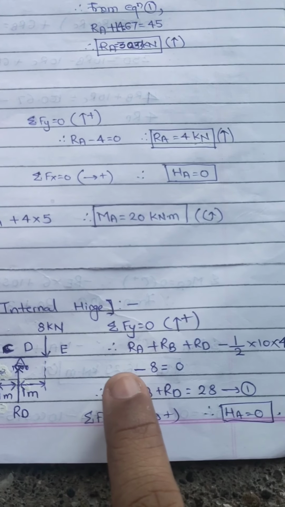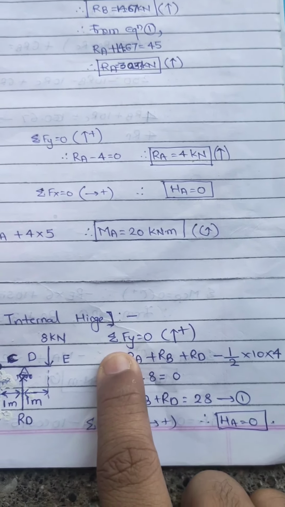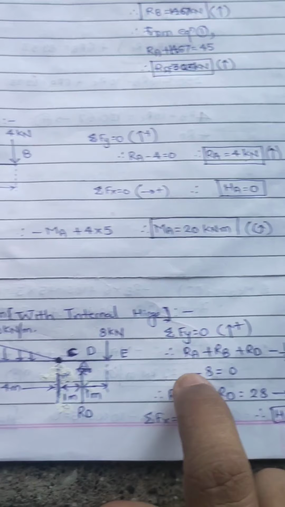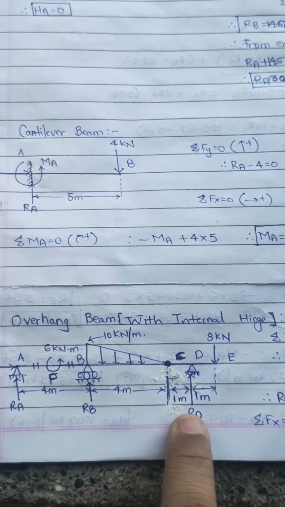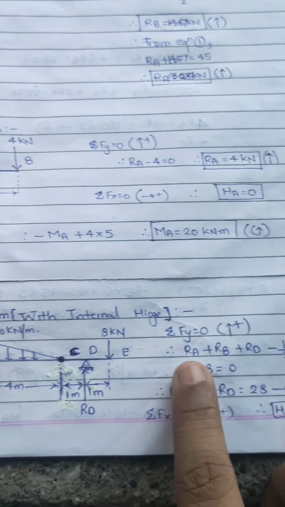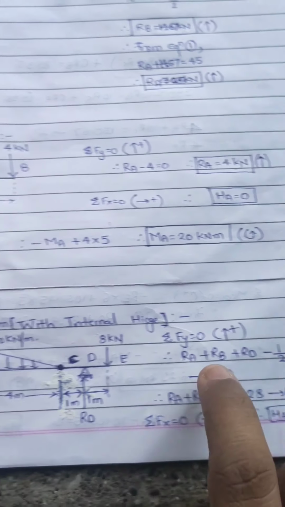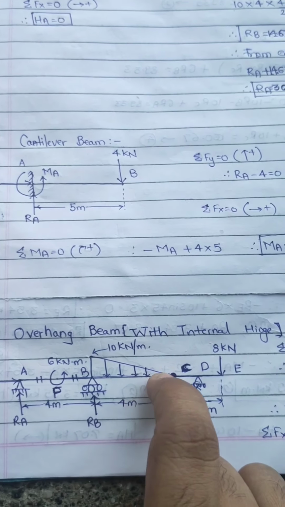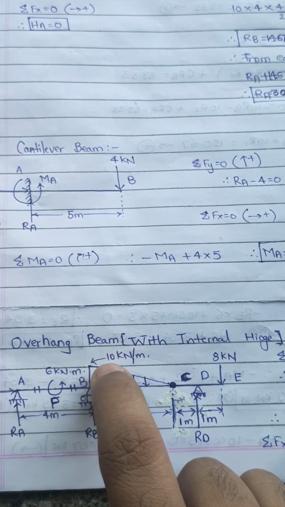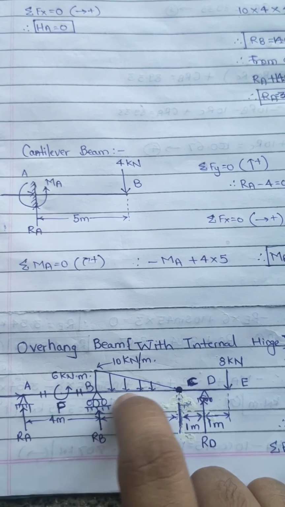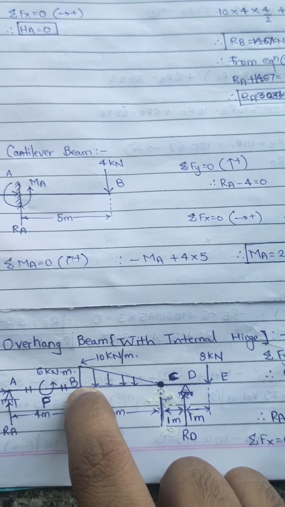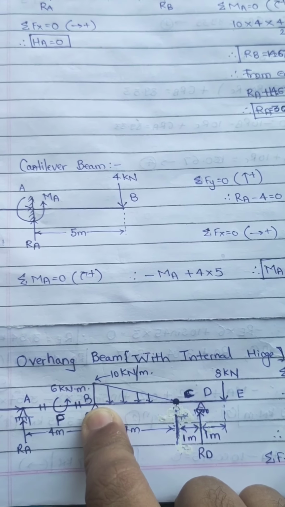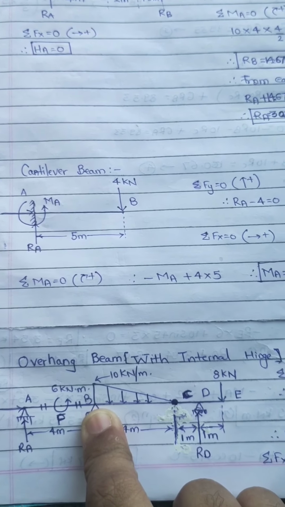So what I am doing is taking the summation of vertical forces, that is Fy equal to 0, upward positive. RA, RB, RD are all upward, so I give them a positive sign. To find this triangular load, or UVL, that is uniformly varying load, how to solve this I have explained in the previous video. As I'm repeating again and again, you can look at the previous video.